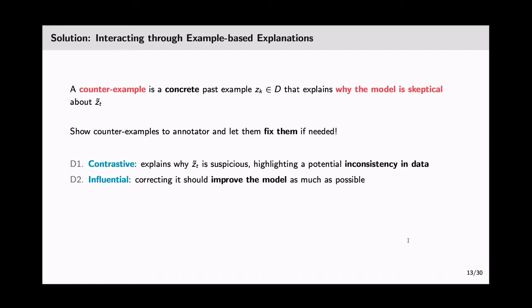The second desideratum is that by correcting this counterexample, we should improve the model as much as possible. And last, it should be clear to the user why this is a counterexample and why it supports the skepticism of the machine. So the question is, does such an example exist? How can we identify them?